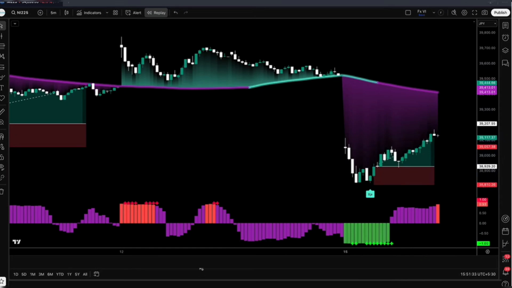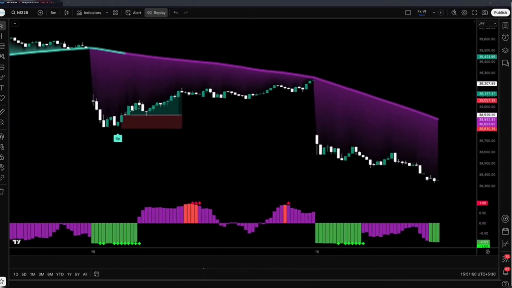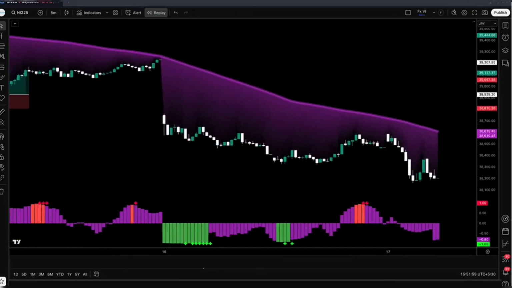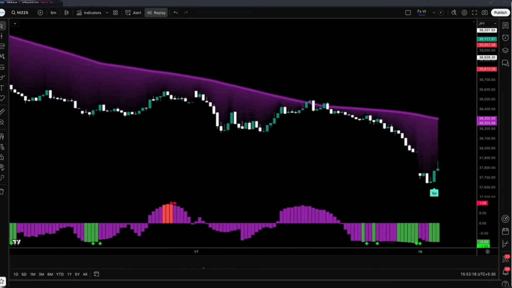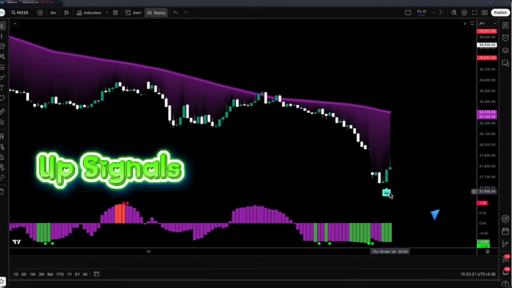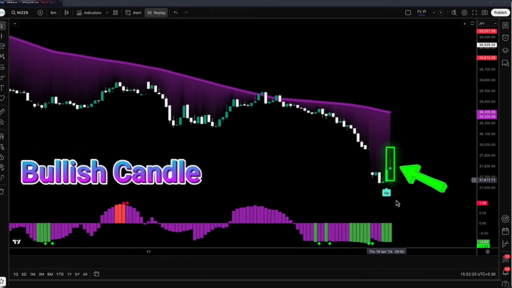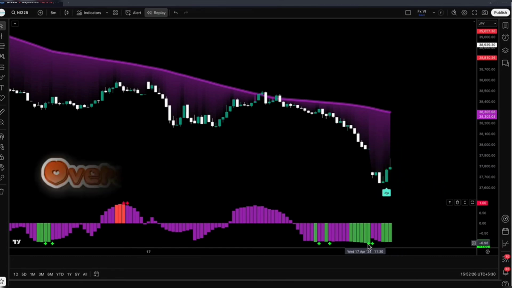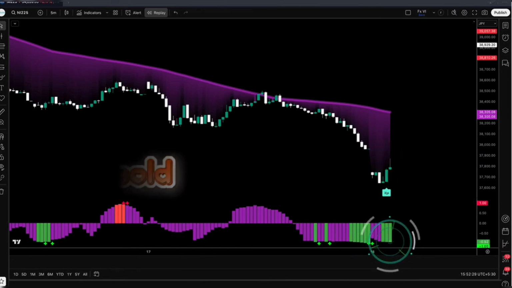Now we will find other trades. The Z-score flow indicator has given us up signals. The market has made two bullish candles to give confirmation, and the histo bar of the trend correlation oscillator indicator is oversold.